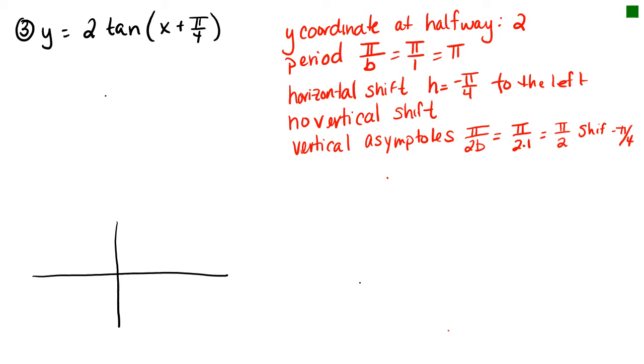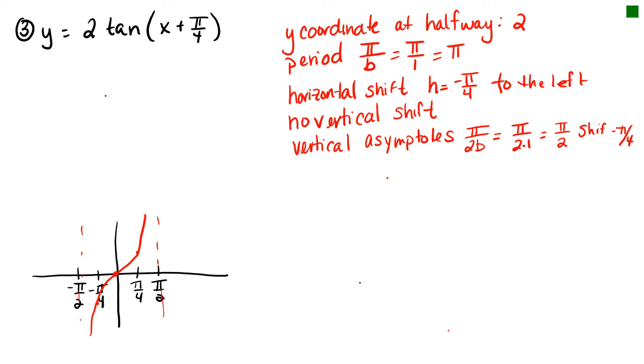So the parent function is pi halves to negative pi halves, and the midline was at 0, my midline, and then asymptote, asymptote, and here. You don't need to draw this, but I just want you to see what I'm doing here. I'm going to shift all those numbers by subtracting all by pi fourths, because I'm shifting over to the left pi fourths.